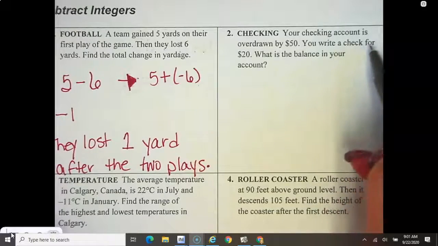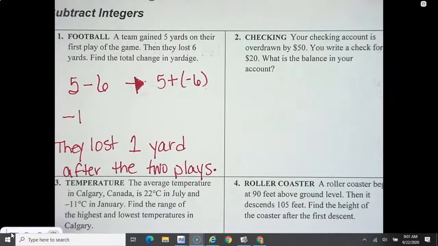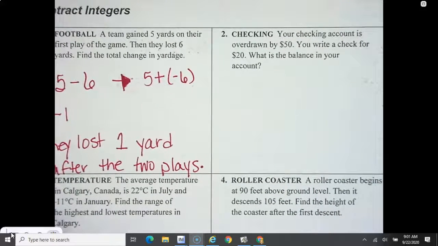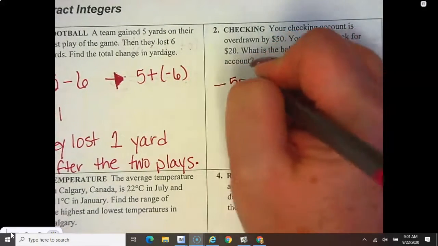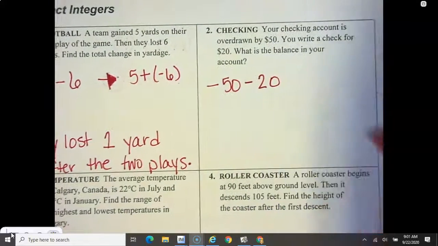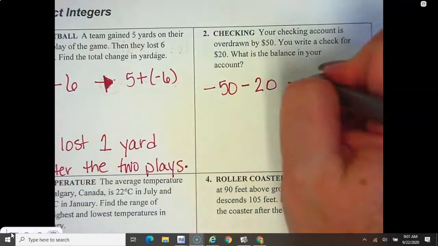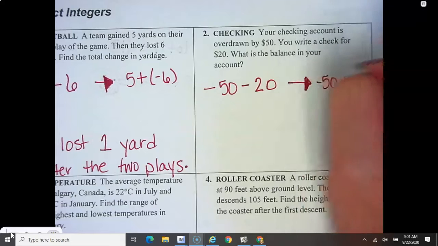You then write a check for $20. Does that mean you're spending $20 or you're getting $20? You're spending another 20. You already are negative 50. So you have negative 50 for being overdrawn, and then you write a check for $20. This means that you need to get a job and do some work, put some money in your account. So it's negative $50 plus negative $20.